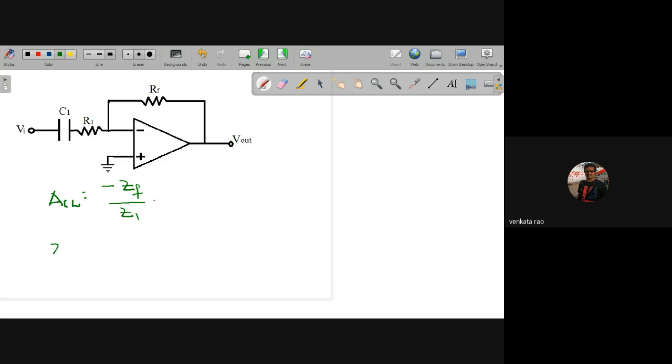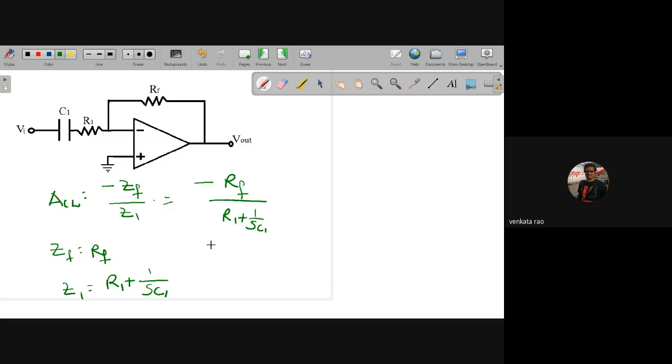Here ZF is nothing but RF, and Z1 is the series combination of R1 and C1. That means R1 plus 1 by SC1. Now substitute those two here. Next, minus RF by Z1, meaning R1 plus 1 by SC1.